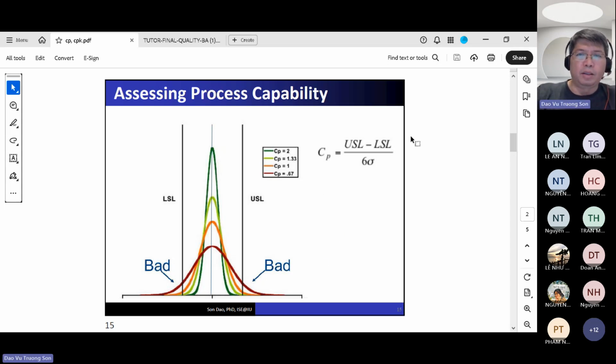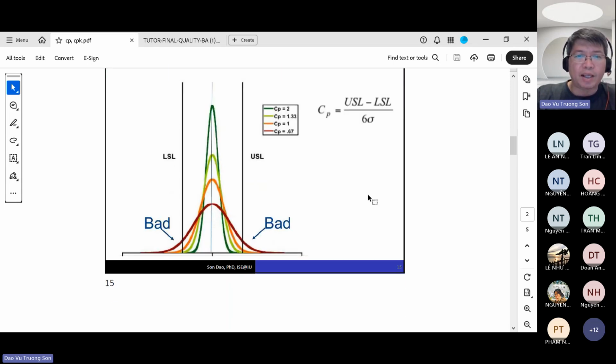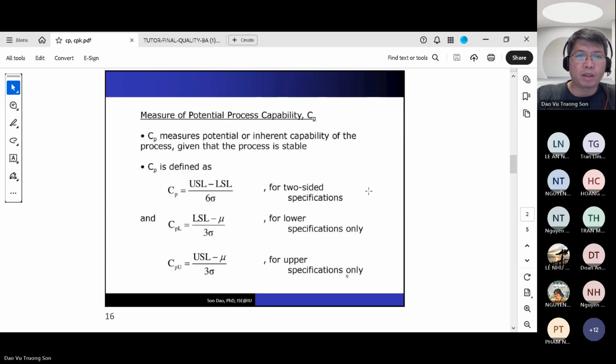All right. For a process that is symmetrical, this is easy, but things get worse when the process is not symmetrical, for example when the process skews to the left or skews to the right. We have to use additional process capability coefficients.